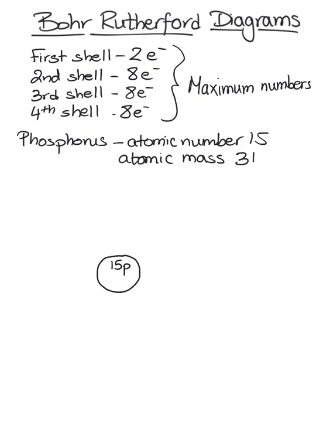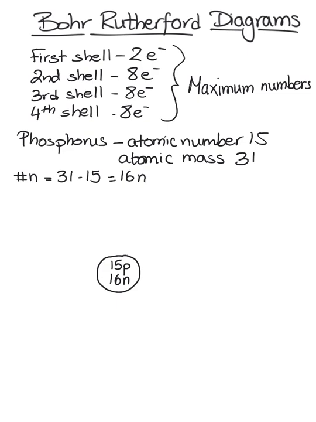In the formula, we know that we can calculate the number of neutrons as the atomic mass minus the atomic number. And in this case, it is going to give us 16 neutrons. And we're going to put that in our nucleus.